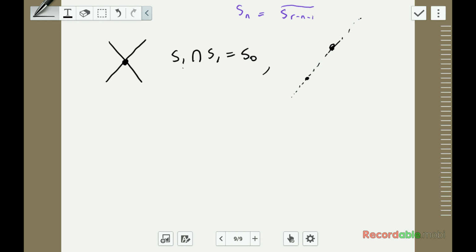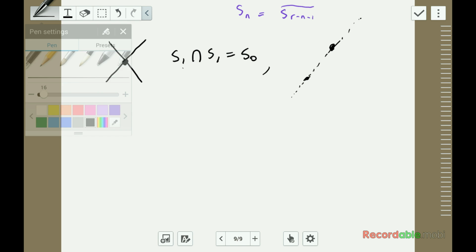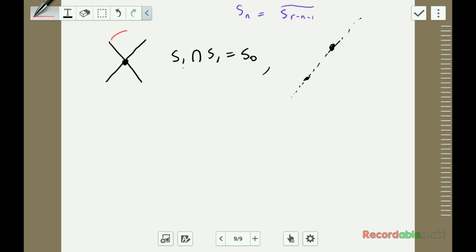By the way, for these to work, these lines have to be distinct, and these points have to be distinct.